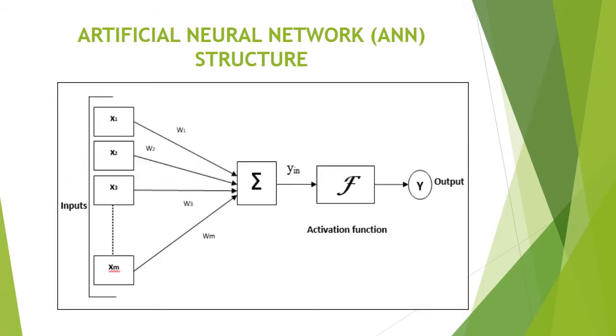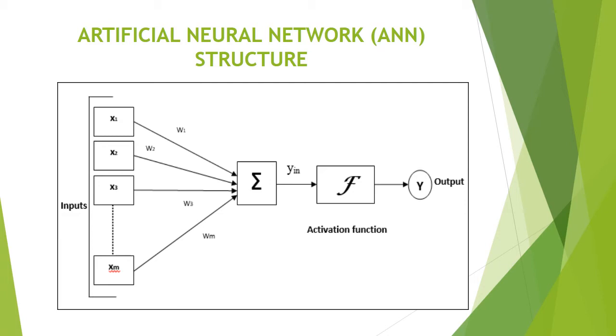Coming to the structure of an artificial neural network, let us correlate a biological neural network, known as BNN, and an artificial neural network, known as ANN. So as you can see in the diagram, there are inputs x1, x2, x3 up to xn. So these inputs are our dendrites.